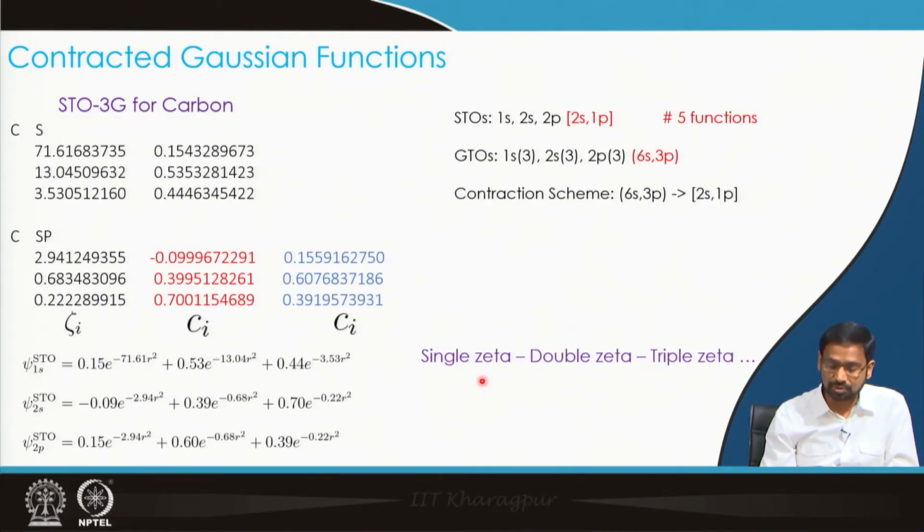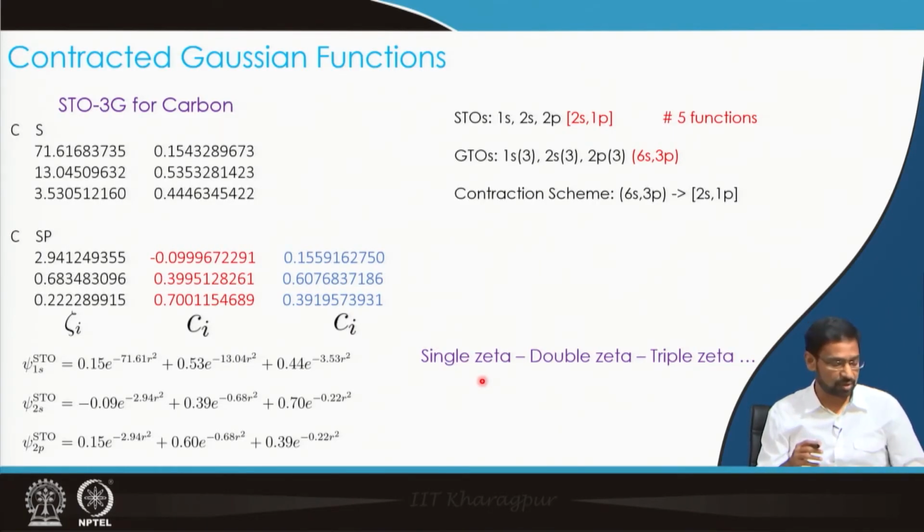But as you would also realize, it is not so clear for the carbon atom, but when you go down the periodic table, you would see that more and more number of orbitals would actually end up in the core part. Let us say you go to the 3rd row or 4th row. But we know that most chemistry happens with the valence electrons. So therefore, if we express all these orbitals as 2 or 3 different Slater type functions, then we are actually using a lot of computational resources for those orbitals which are not going to contribute much.